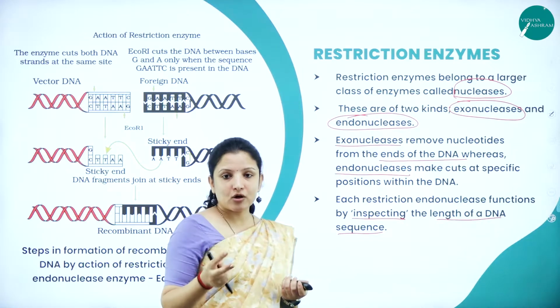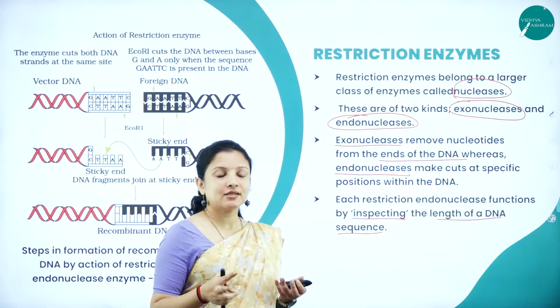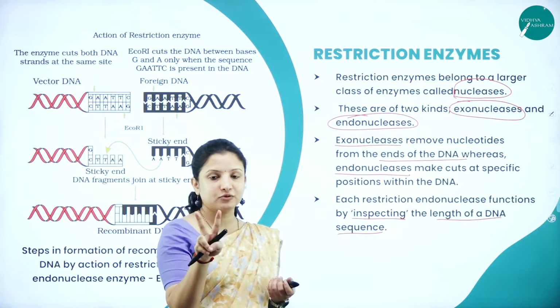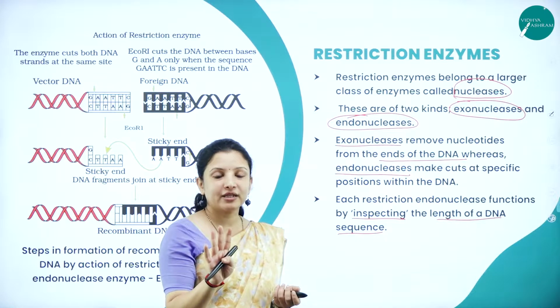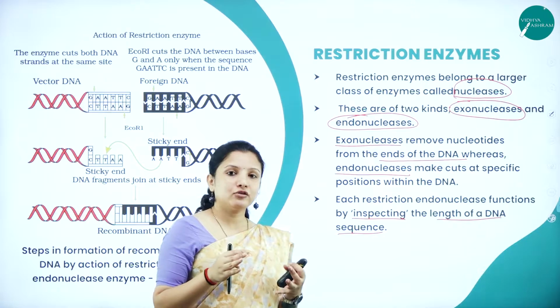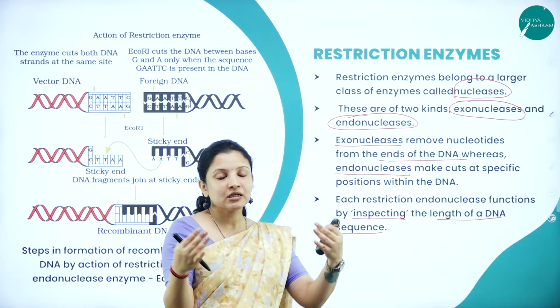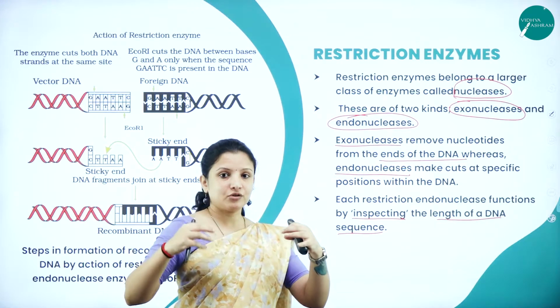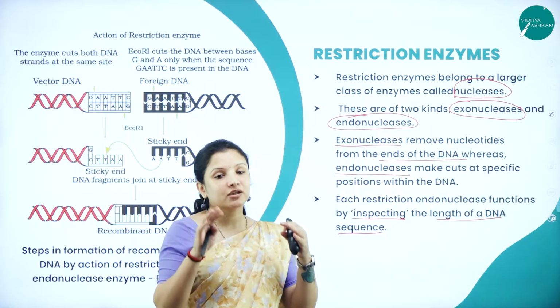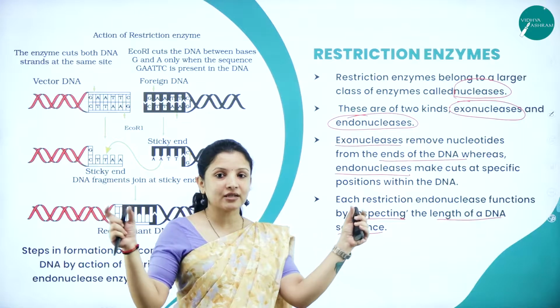So restriction enzymes belong to a large group of nucleases. Under that, there are two types: endonucleases and exonucleases. Endonucleases are those restriction enzymes capable of cutting DNA strands in between, and exonucleases are those capable of cutting DNA strands at the ends.